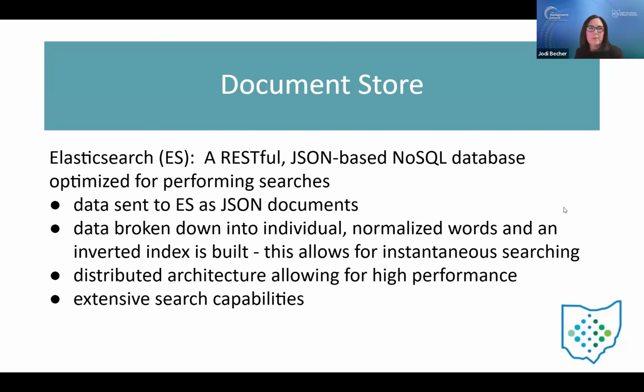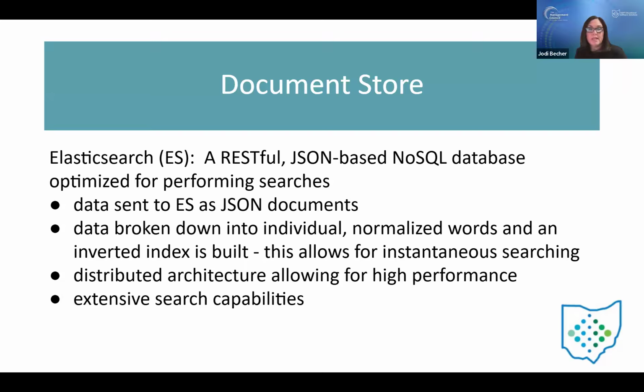So let's talk just a little bit about Elasticsearch and what it is. It is a RESTful, JSON-based NoSQL database that is optimized for performing searches. When documents are stored in a Document Store, the data is sent to Elasticsearch as JSON documents.